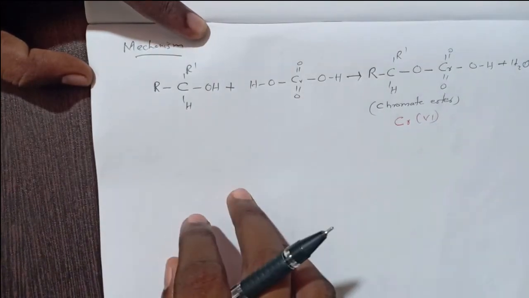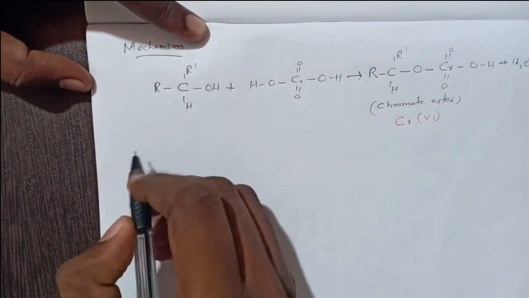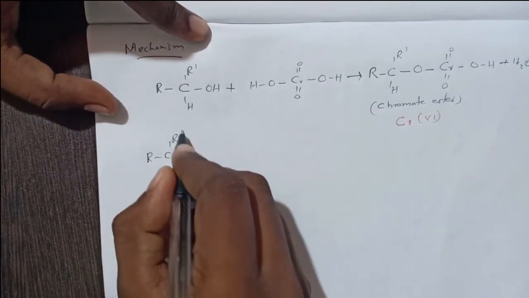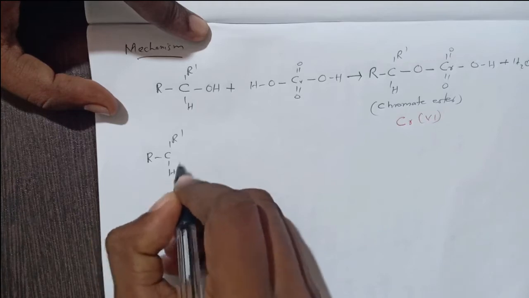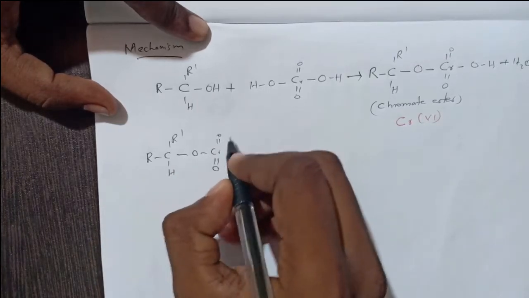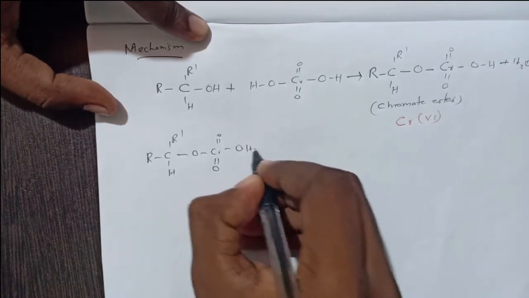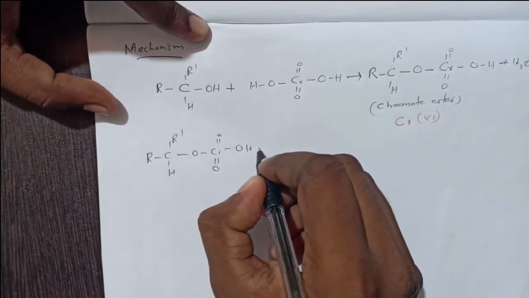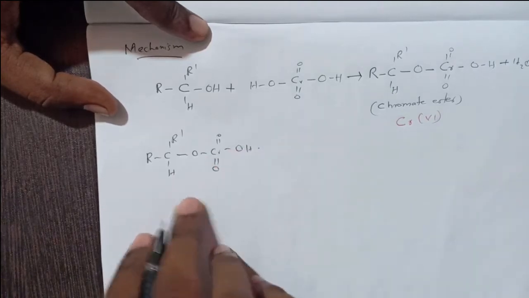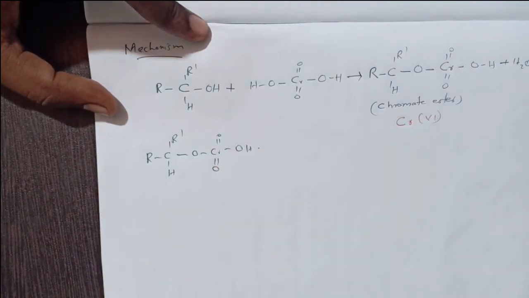Then in the next step, this chromate ester, R, C, R dash, H, O, C, R, double bond O, double bond O, OH, undergoes elimination of one of the protons from here.